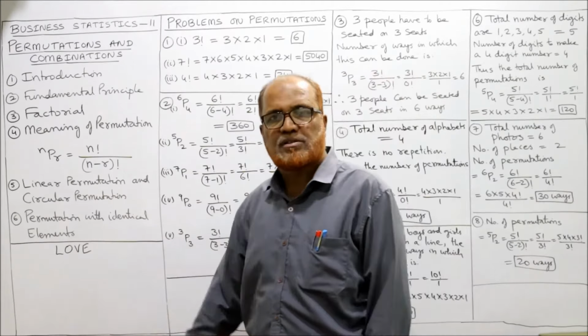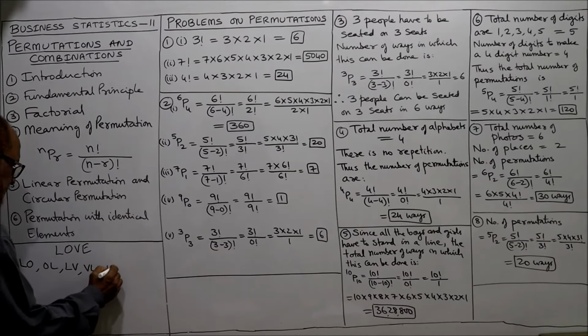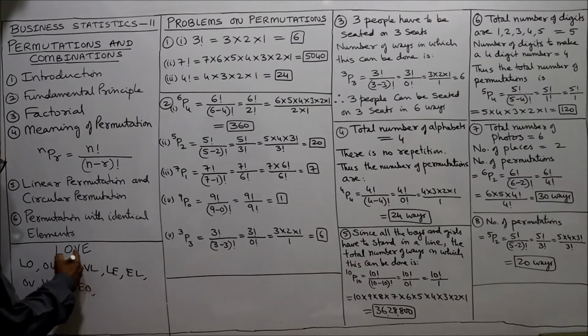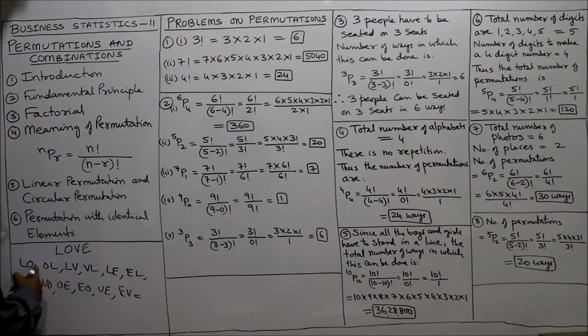First we take L-O, then O-L, then L-V, then V-L, then L-E, then E-L, then O-V, then V-O, then O-E and E-O, then V-E and E-V. That is 1, 2, 3, 4, 5, 6, 7, 8, 9, 10, 11, 12.